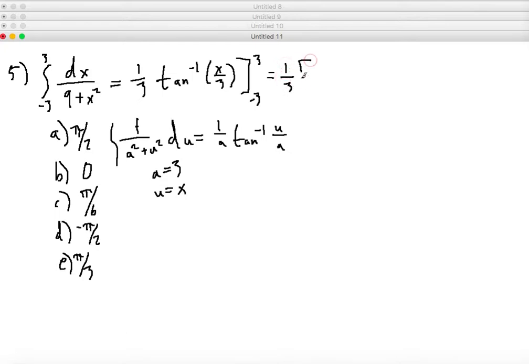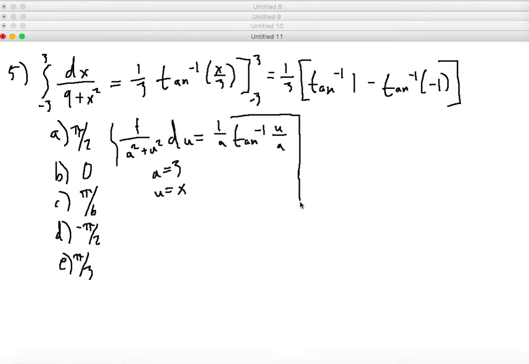So we're going to get the inverse tangent of 1 minus the inverse tangent of negative 1. Think about what the domain is of the inverse tangent function.